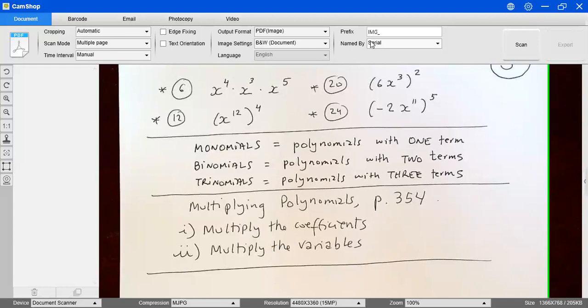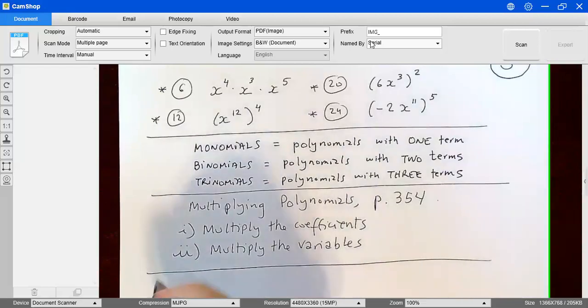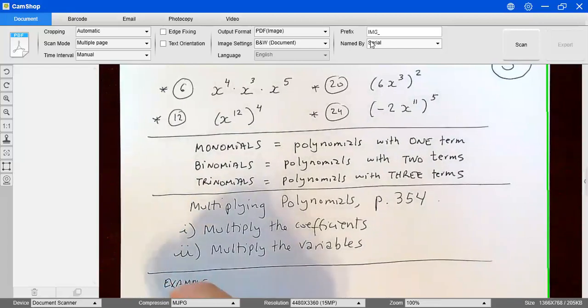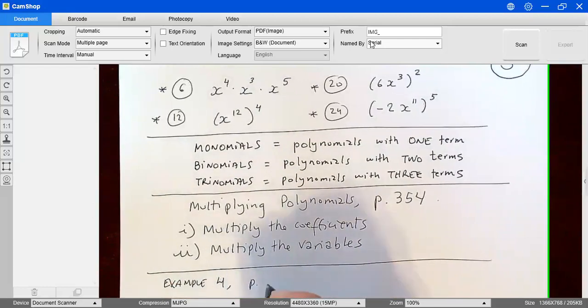We multiply coefficients on one hand, and we multiply the variables on the other hand. So let's start with one example. Example 4 on page 355.